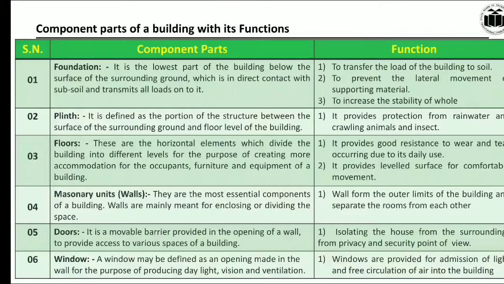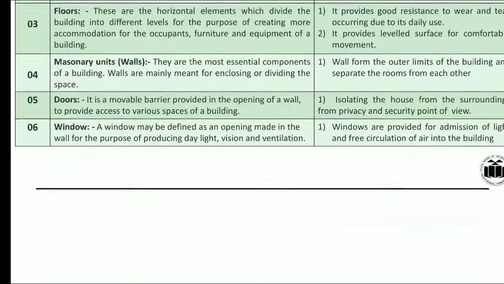And its function: isolating the house from the surrounding from privacy and security points of view. Window, a window may be defined as an opening made in the walls for the purpose of producing daylight, vision and ventilation. And its function: windows are provided for admission of light and free circulation of air into the building.